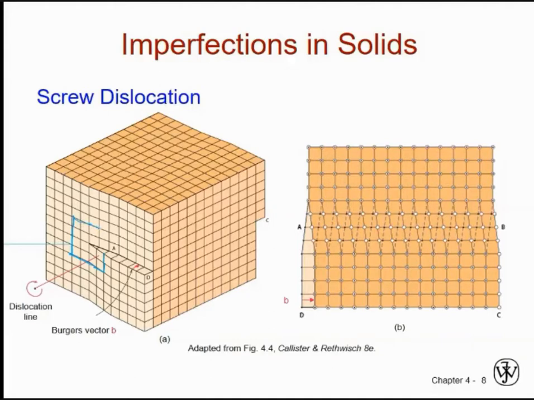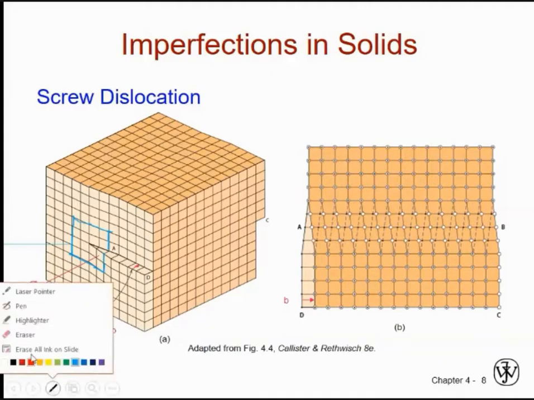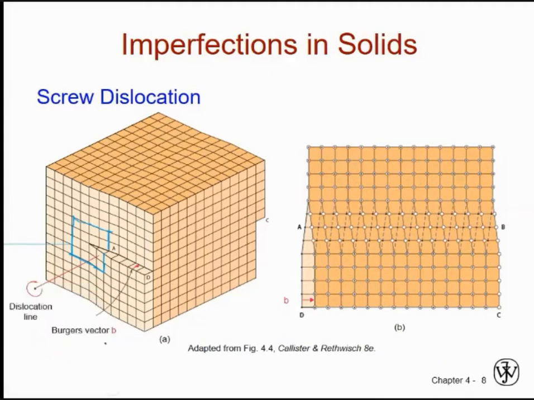I will move 2 down. As you can see, this one is not connected. In order to connect it, this is the start, this is the finish. I have to draw some vector from start to finish.